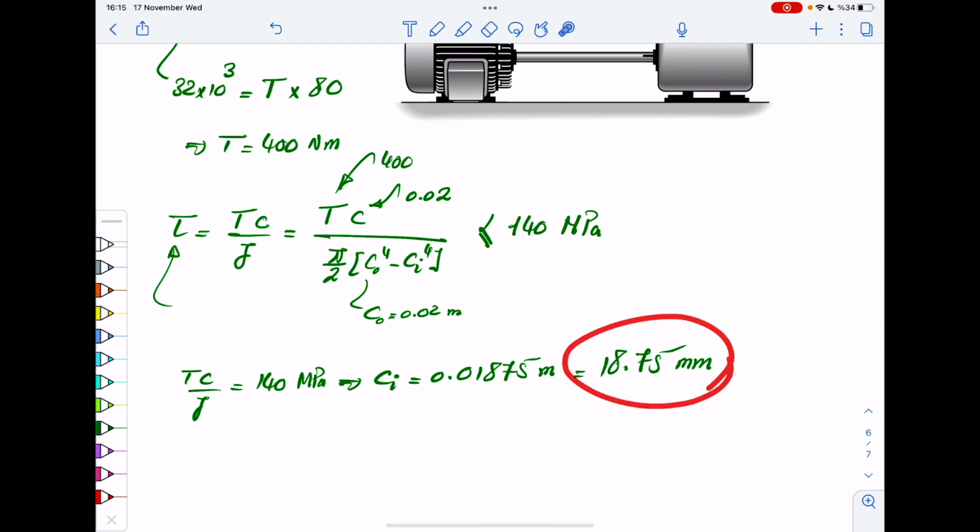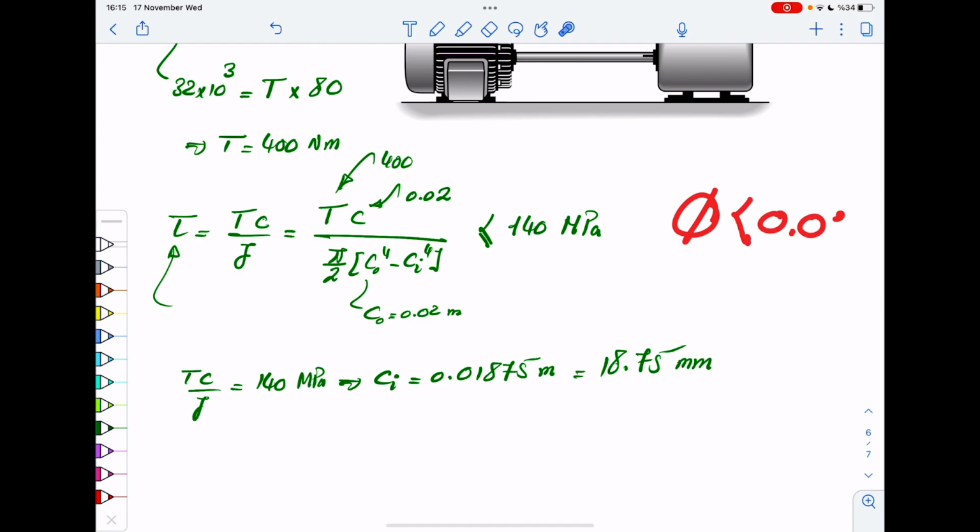So you got that. Now, if I make that radius smaller, would I make this worse or would I make it better? This is the question we want to answer. Remember, for the second part, we are going to calculate that inner radius such that the angle of twist is less than, what was it? 0.05 radian.